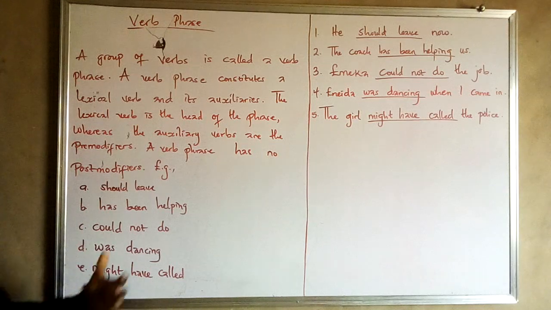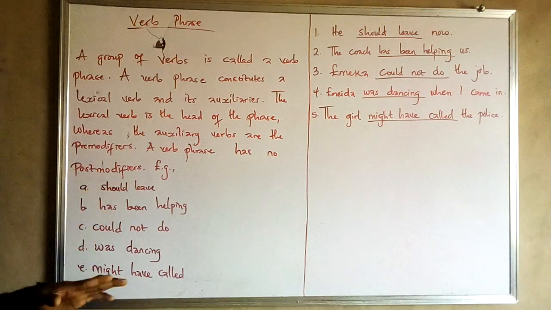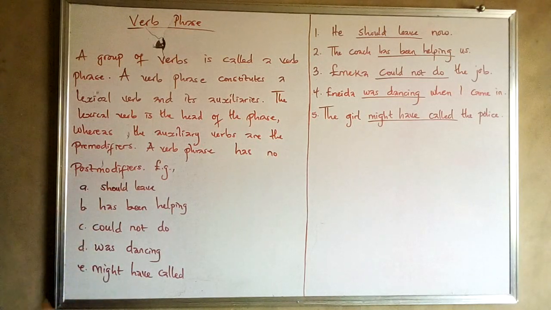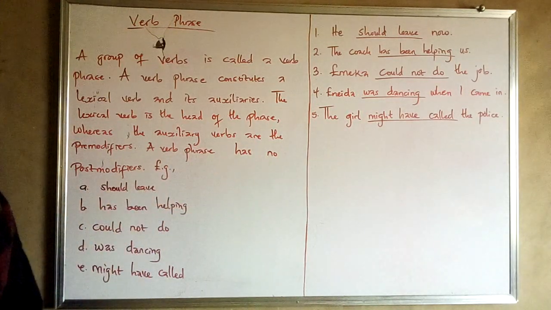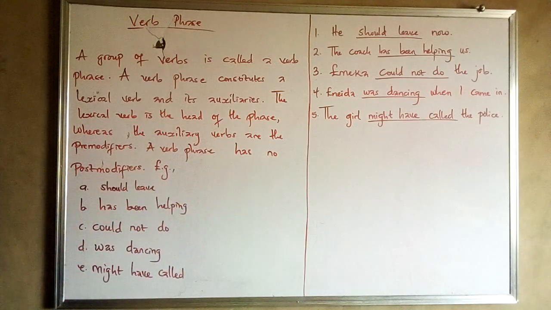The postmodifiers are words that come after the head of the phrase and give modification or description to the head of the phrase. But in the structure of the verb phrase, we have nothing like postmodifiers. We only have premodifiers, which are the auxiliary verbs. And also we have the head, which is the lexical verb.